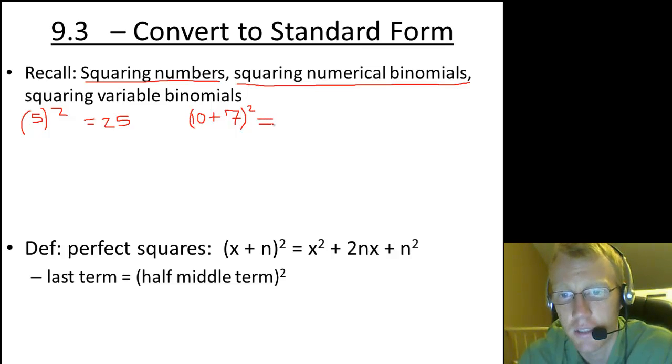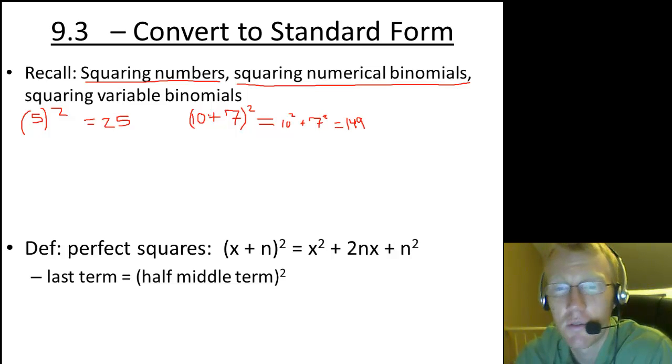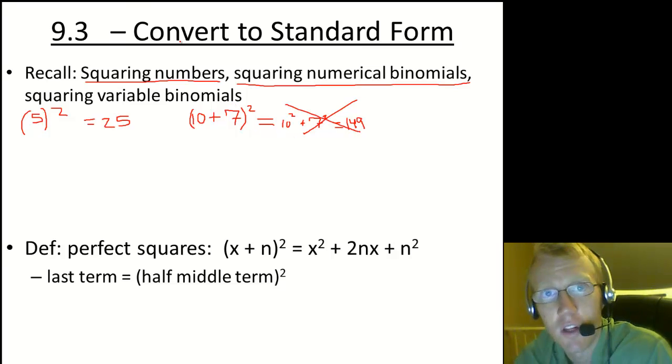A lot of you guys are tempted to be like, oh, well 10 squared is 100, plus 7 squared, that's 49, so this must be 149. And I know it's really, really tempting to do that, but it's completely wrong. The reason is you have to follow PEMDAS.